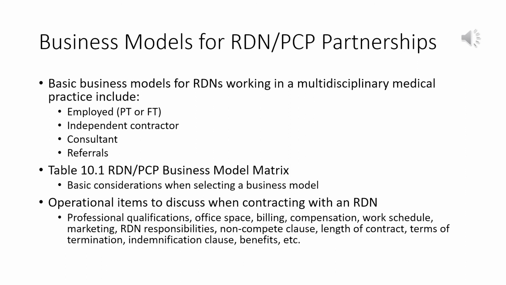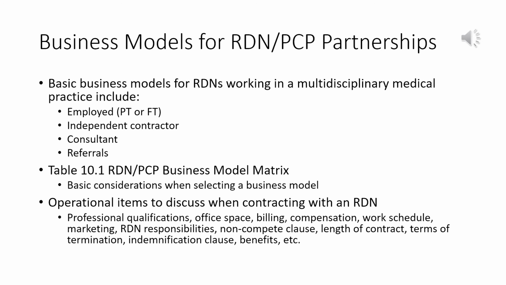Now, Table 10.1 within the toolkit presents this business model matrix, and it really has the basic considerations when selecting a business: the office space, who bills, the billing methods, compensation, taxes, those are all included.